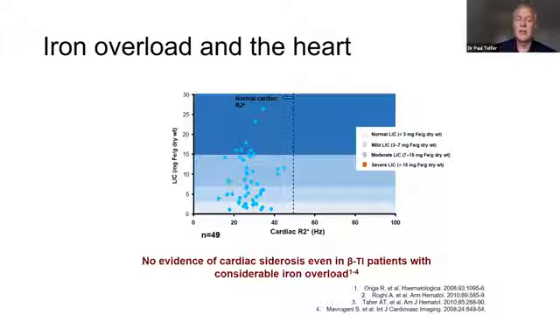But it may well occur in patients who do get intermittently transfused, and particularly those who are in the older age range, perhaps over the age of 50. So it is important to, even though the risk seems to be less of iron-induced cardiac damage, you still have to bear it in mind, and at some stage these patients will require some assessment of myocardial iron loading. Next slide, please.